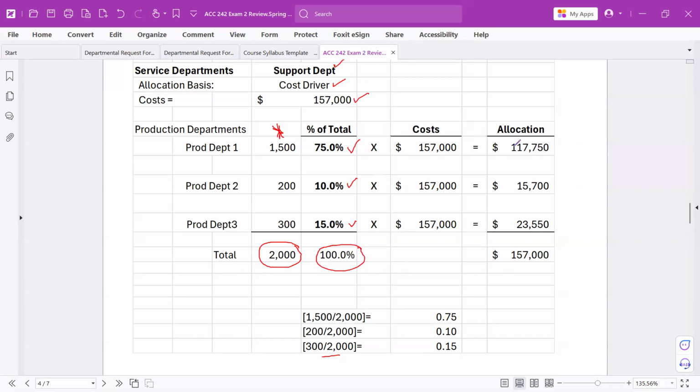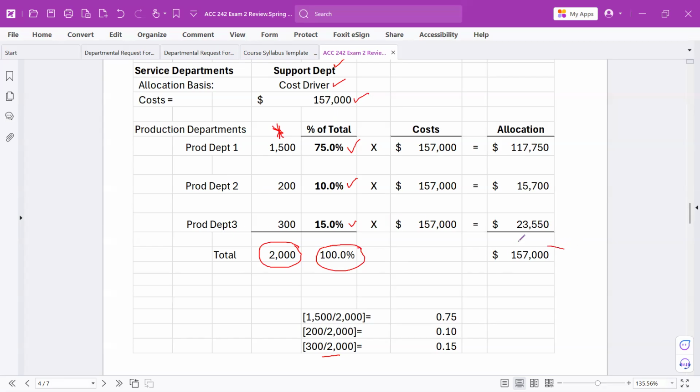This is our allocation. That's the amount we'll allocate from the support department to production 1. And then 10% times 157 is the amount we'll allocate from the support department to the production department 2. And then 15% of that 157 will allocate 23,550 from the support department to production department 3.